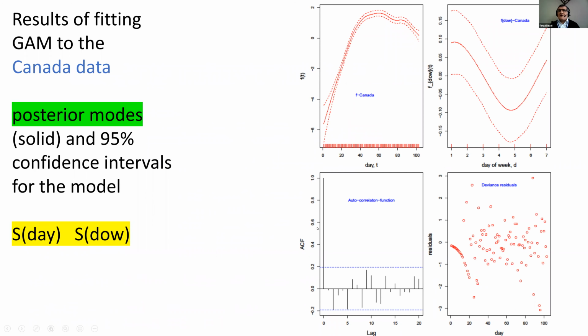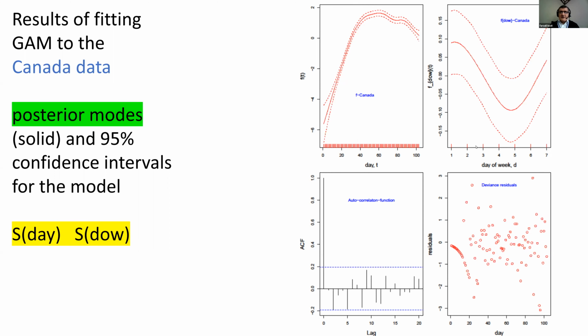You can see my screen, this function. For the Canada data posterior modes, these two functions, f of S day and S day of the week, with 95% confidence interval.